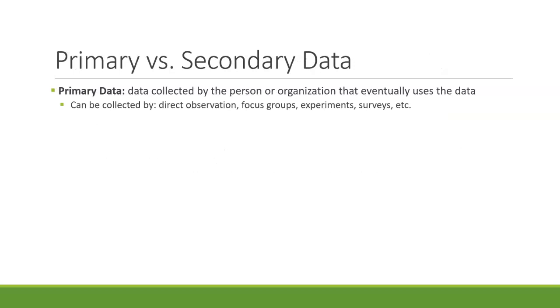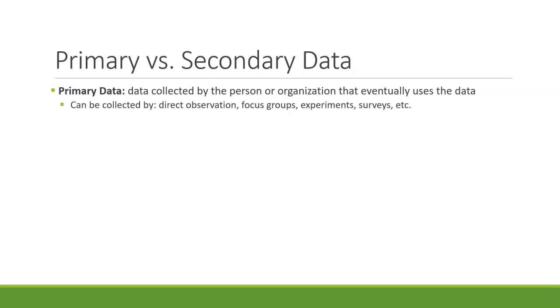Now, primary versus secondary. You may have run into primary versus secondary data in one of your other classes when learning about research. So primary means that it's collected by the person or the organization that eventually uses that data. So if I go out and collect a sample and then I use that data, that is primary data for me.